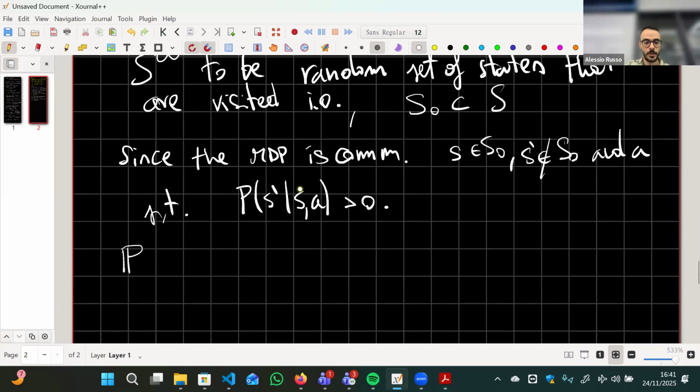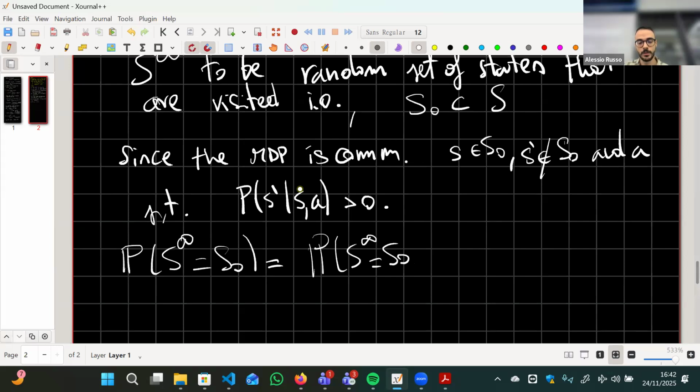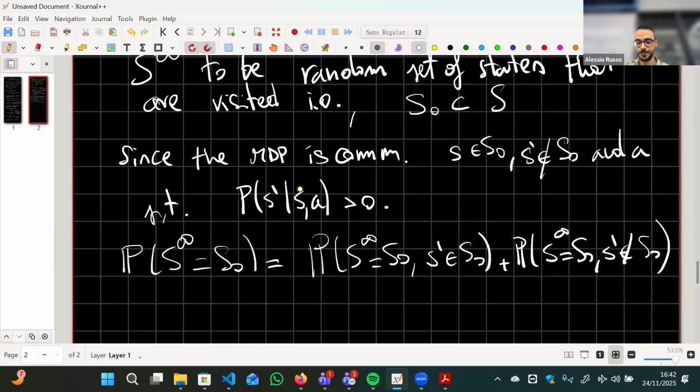So now we're gonna simply look at the probability that S_infinity is equal to S_0. And here, by simply a law of total probability, you can write the probability of S_infinity equal to S_0 with S prime that belongs to S_0, plus the probability of S_infinity being equal to S_0 with S prime that does not belong to S_0.